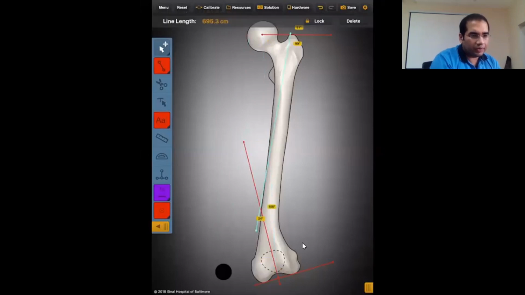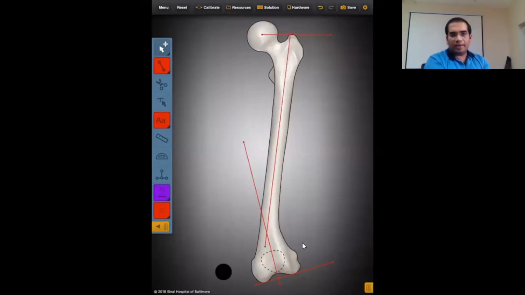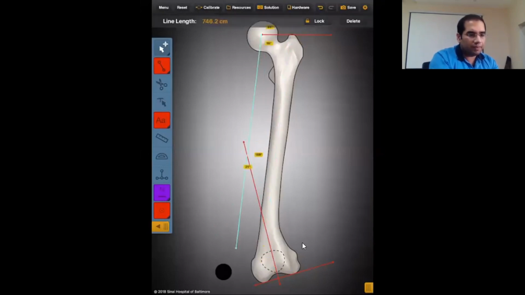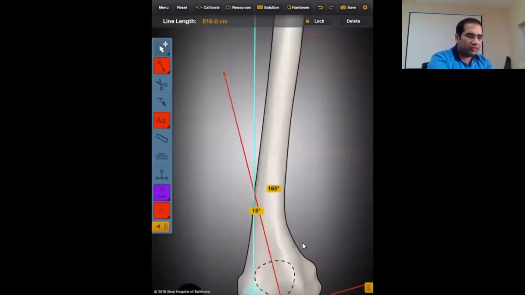we're going to again draw using the rule of three angles, because as you can see over here, one thing is we can simply draw a reference line at 90 degrees, and this will give us the magnitude of the deformity. The magnitude here is 15 degrees.